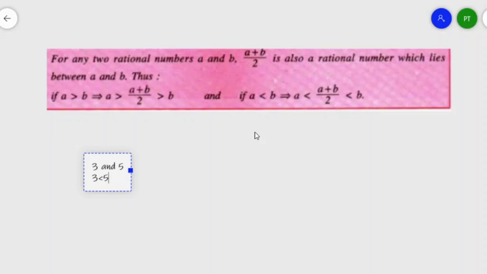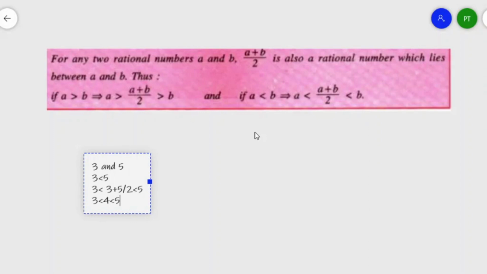So 3 is less than 5 means, how can we write it again, as 3 less than A plus B by 2, which is A and B is 3 and 5. So 3 plus 5 by 2, which is again less than 5. So we'll write it as it is again. And 3 plus 5 by 2 is 8 by 2, which when you cancel it will be 4. And 4 is less than 5.